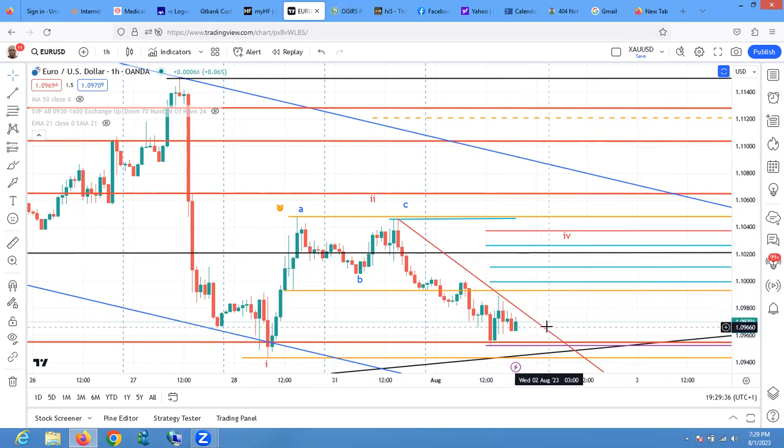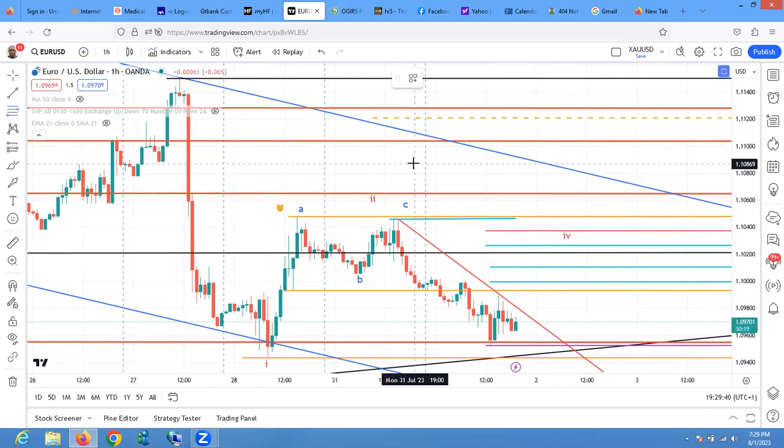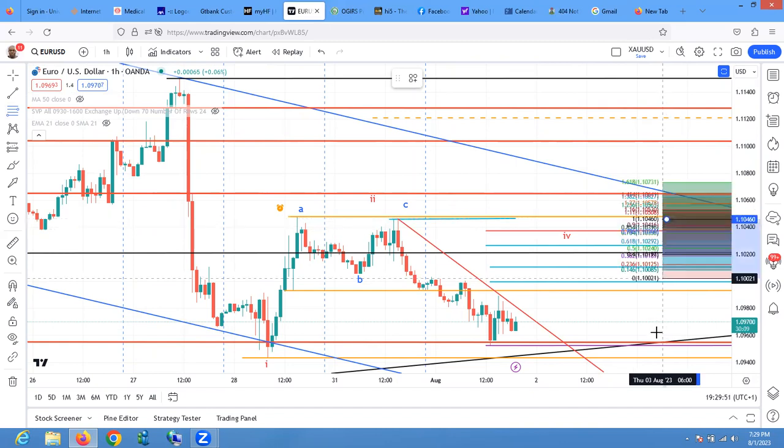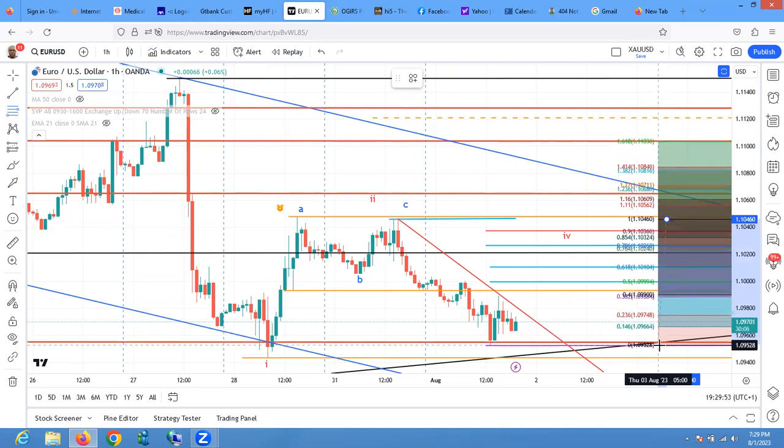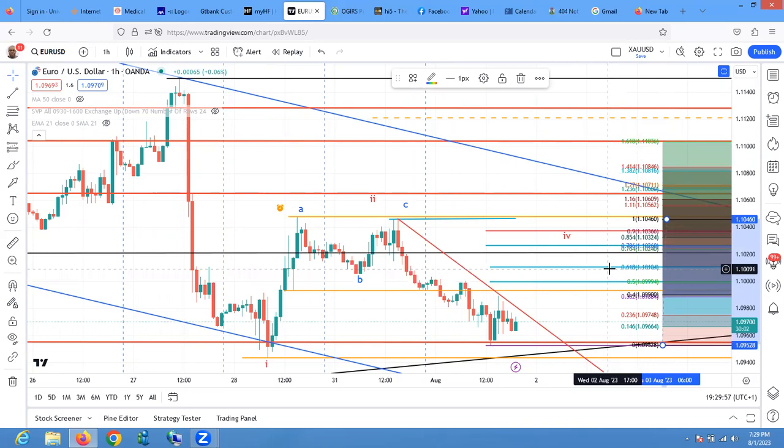If it's a 90, it now means a 61.8 of this entire move, of this run from here. Anything in between here might just be where we're going to pick a sell.